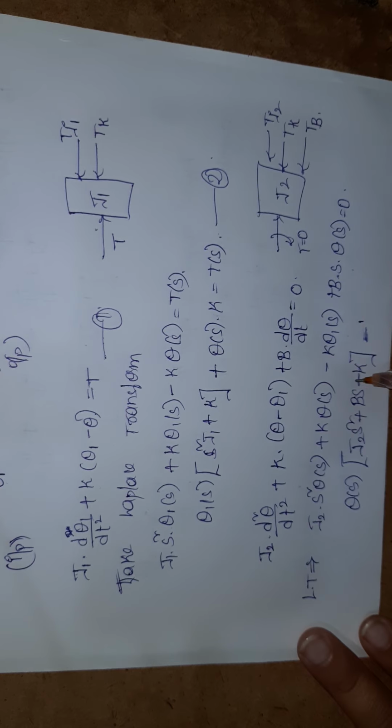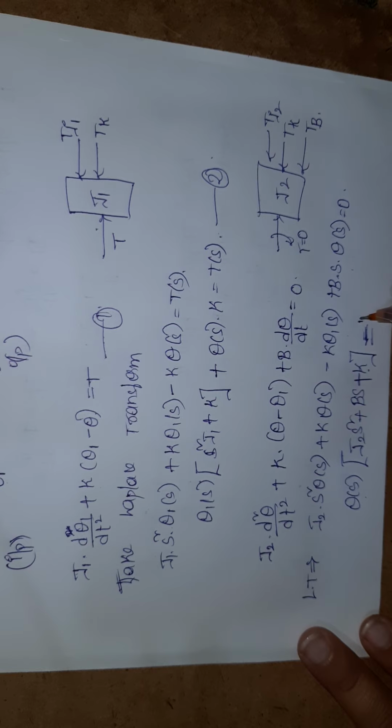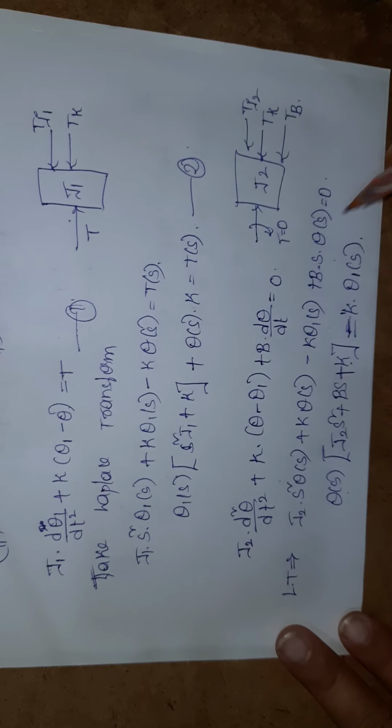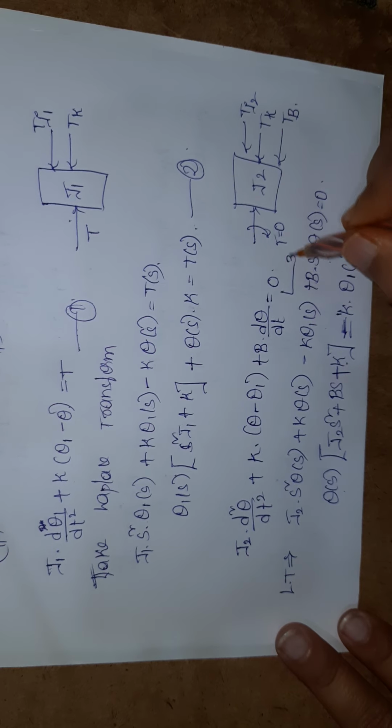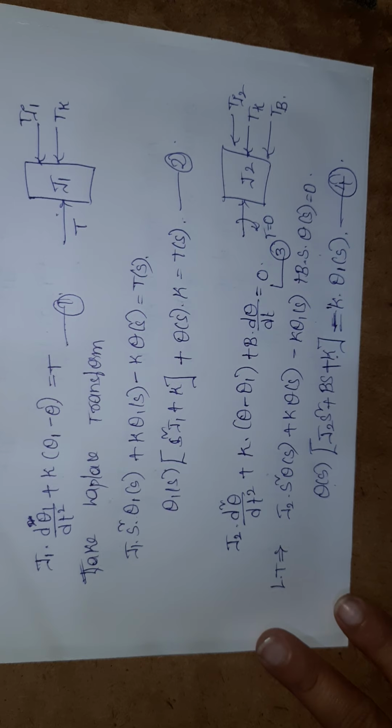All are plus only. Theta of s common: J2 s square plus bs plus k is equal to k into theta 1 of s. Okay, so this is the third equation, the differential equation, and this is the fourth equation, the Laplace equation.